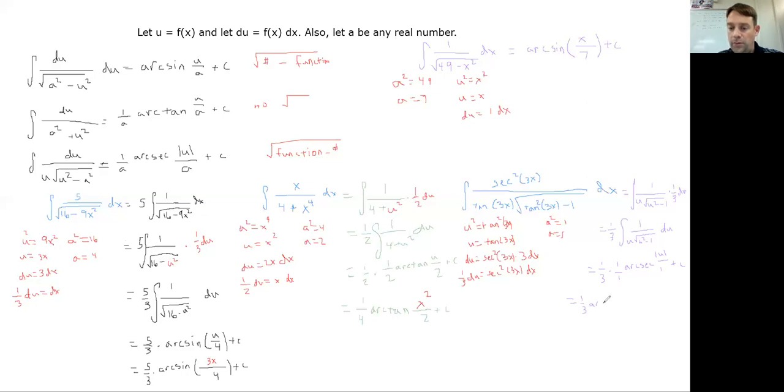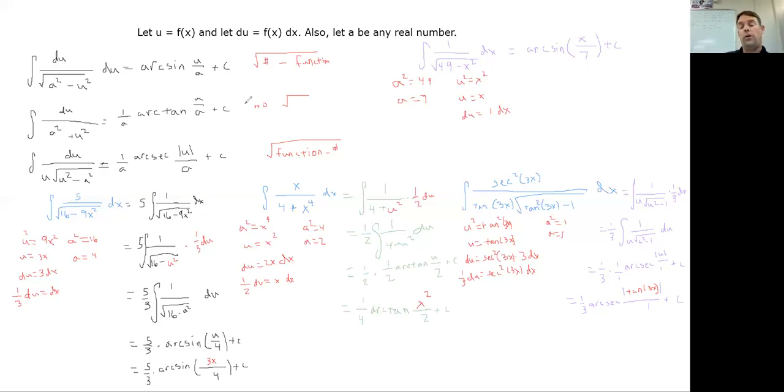Arcsecant in u was tangent of 3x, over 1, or just tangent of 3x. I didn't have to put it over 1, plus c.